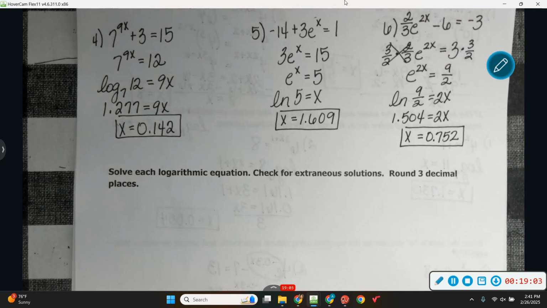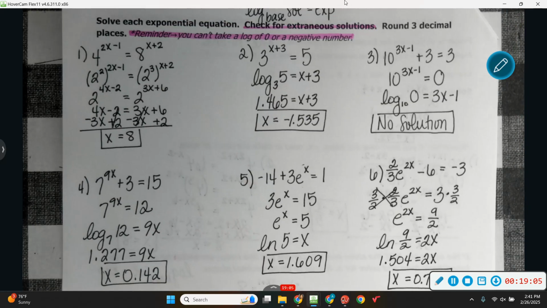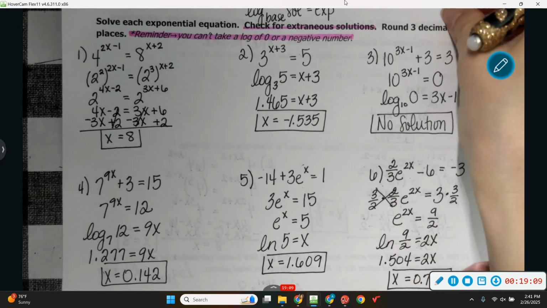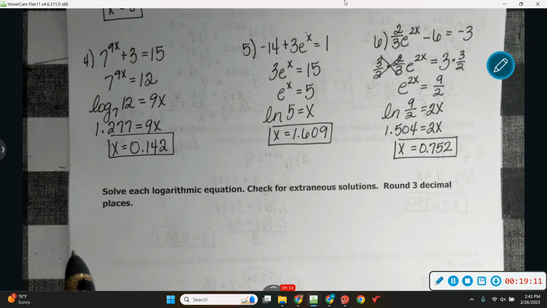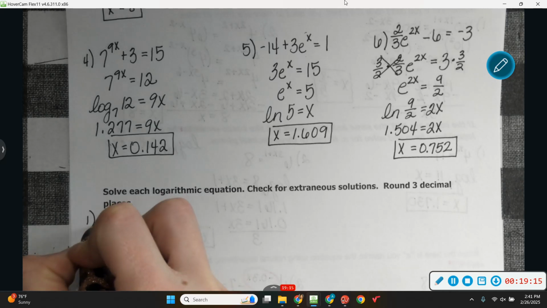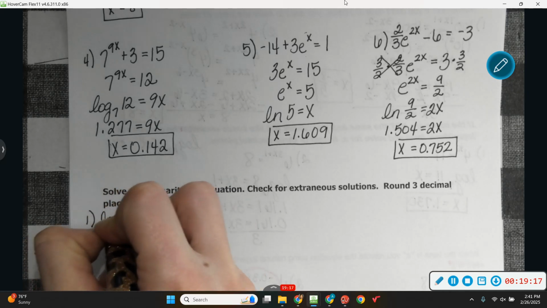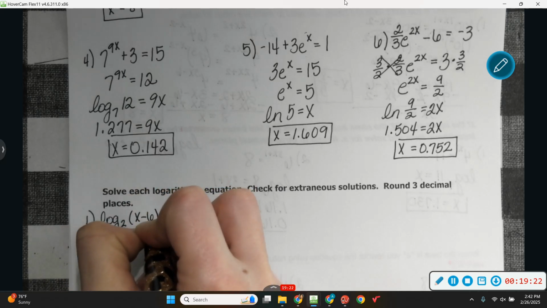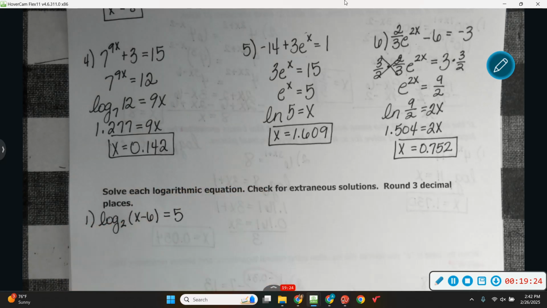Now, we're going to do logarithmic equations. So notice that I started with exponential and I rewrote it to logarithmic. Here, I will be starting with logarithmic and I will be rewriting as exponential. So if I look at my first example, I have log base 2 of x minus 6, and that is equal to 5.